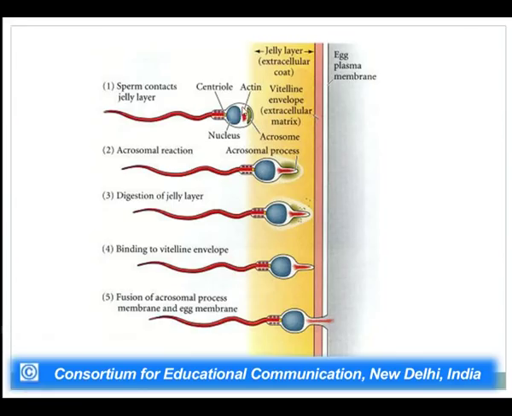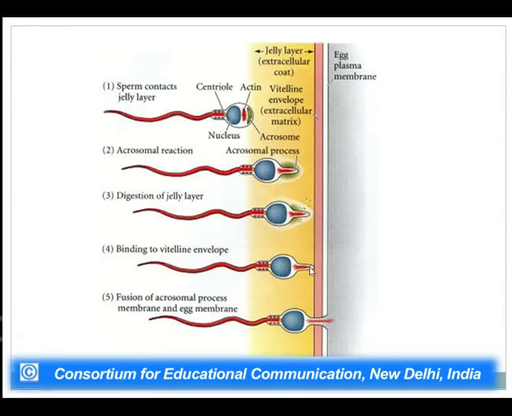Here you can also see that actin has been thrown into an acrosomal process. We will talk about this again in detail. This is how the acrosomal process is extending, and the hydrolytic enzymes are degrading the local jelly layer, and therefore the sperm is moving forward, penetrating the jelly layer. Then after the digestion of the jelly layer, finally there is binding of the acrosomal process to the vitelline membrane.